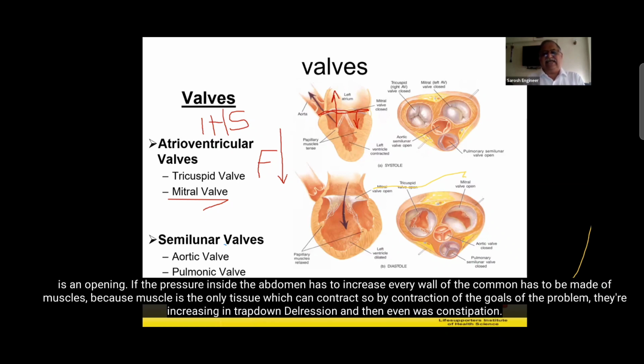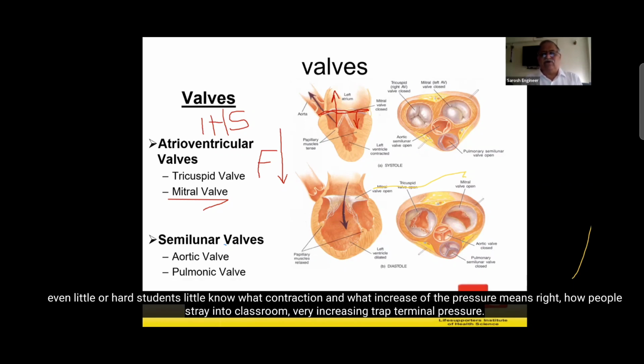If the pressure inside the abdomen has to increase, every wall of the abdomen has to be made of muscles, because muscle is the only tissue which can contract. So by contraction of the walls of the abdomen, we are increasing intra-abdominal pressure. And anyone who has constipation, even a little, or hard stools, knows what contraction and increase of the pressure means, right?